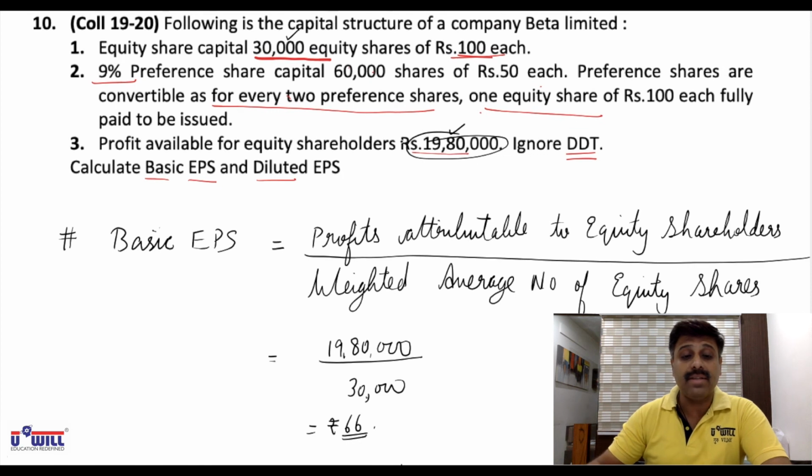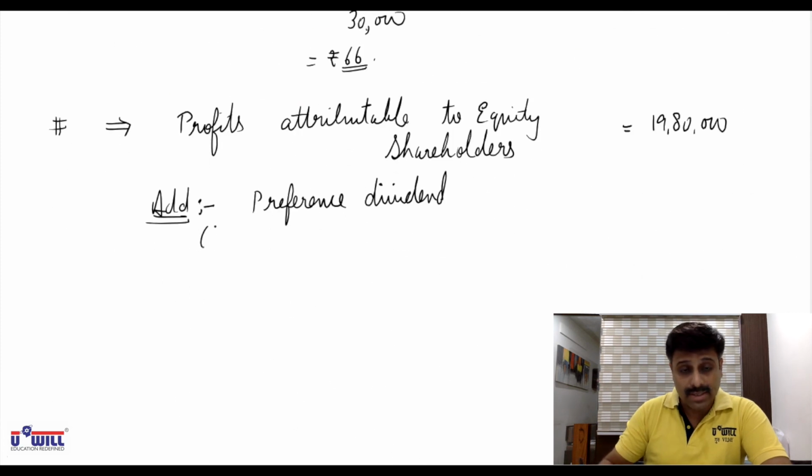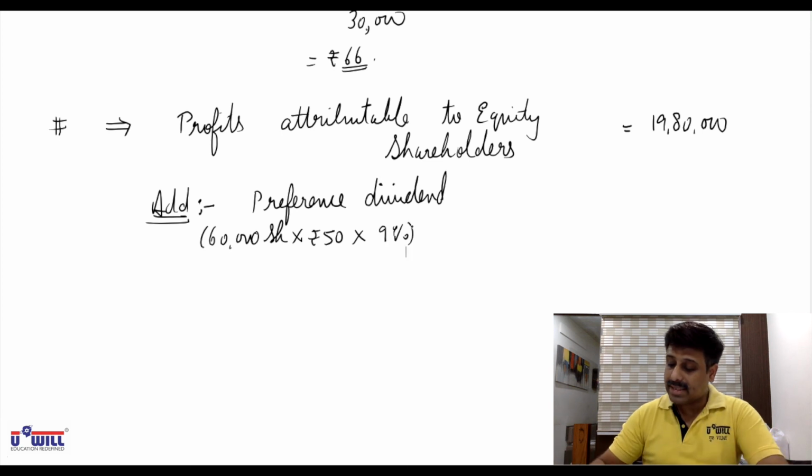What is preference dividend? See, 9% of 60,000 shares into 50 rupees each. 60,000 preference shares into 50 rupees face value into 9% dividend. Since dividend distribution tax is not given, we will directly take this in the outer column. 60,000 into 50 into 9%, that is 2,70,000.